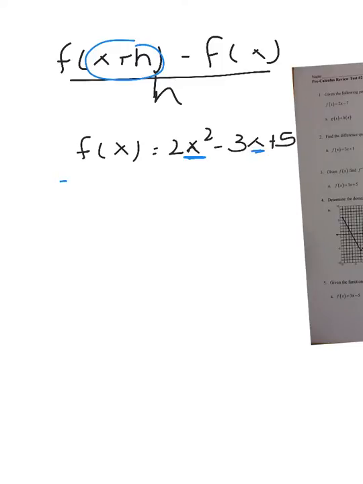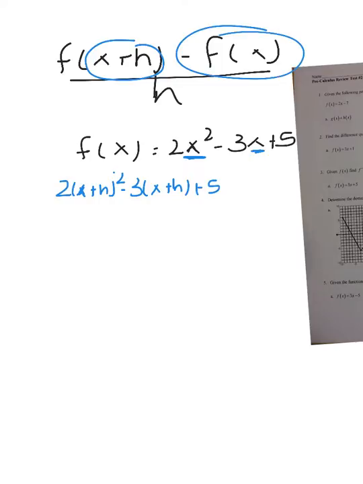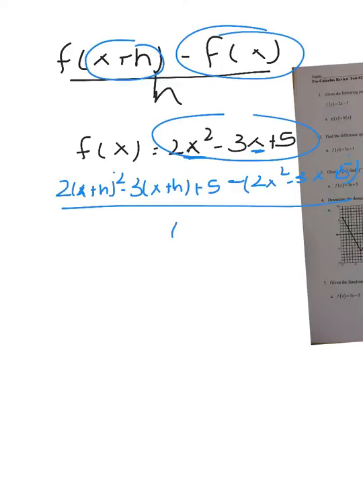So it's 2 times x plus h squared minus 3 times x plus h plus 5. Now I have minus f of x, so it's minus this whole thing: 2x squared minus 3x plus 5 all over h.